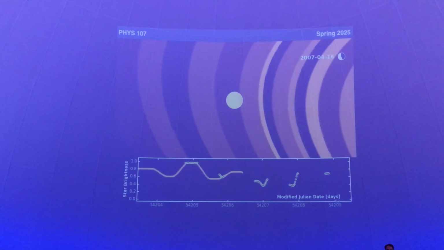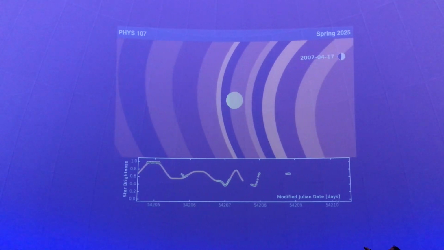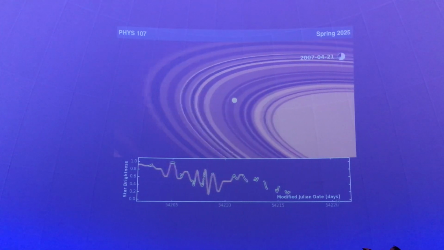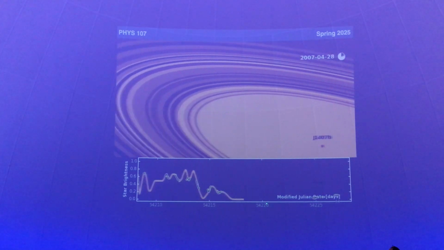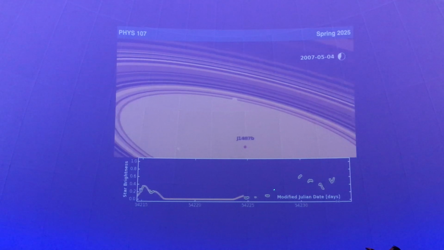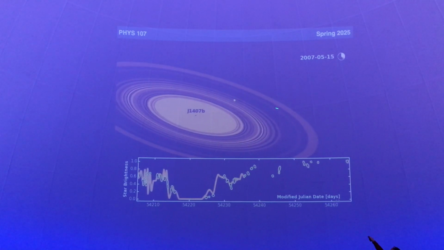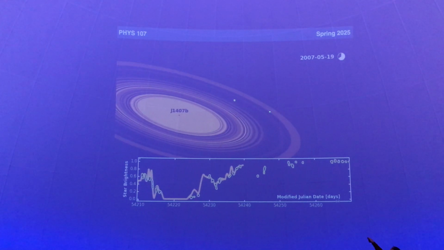So a Saturn, but even bigger, with all these different kinds of rings, has essentially given us this absolutely bonkers light curve as it goes down and then goes back up, and then you see the rings again because you sort of skimmed across the outer set of rings here.